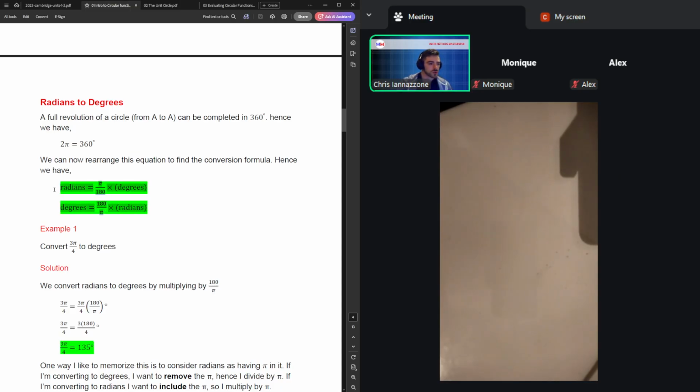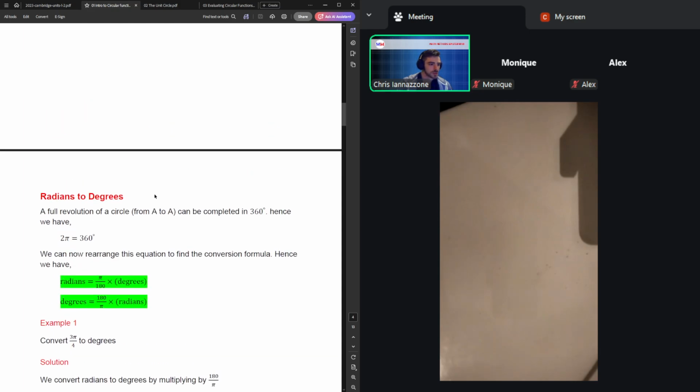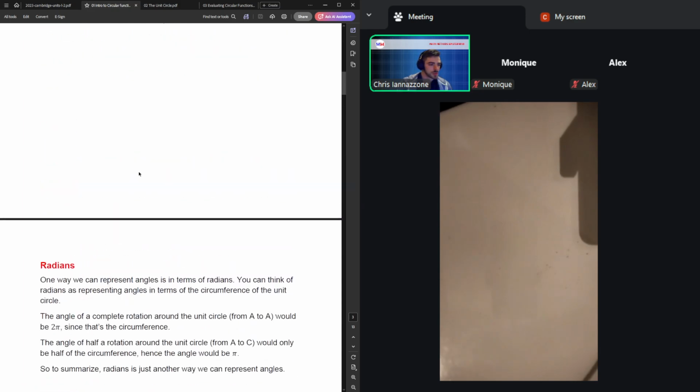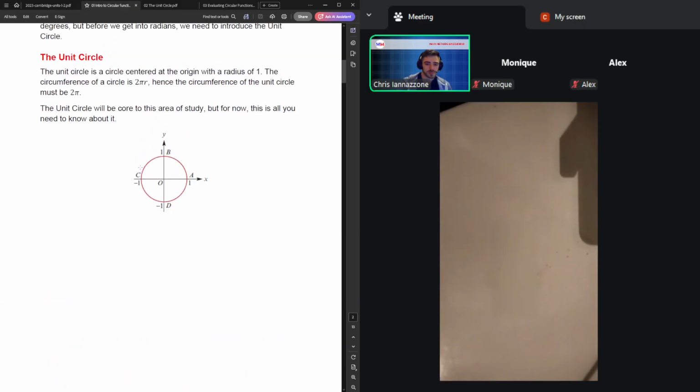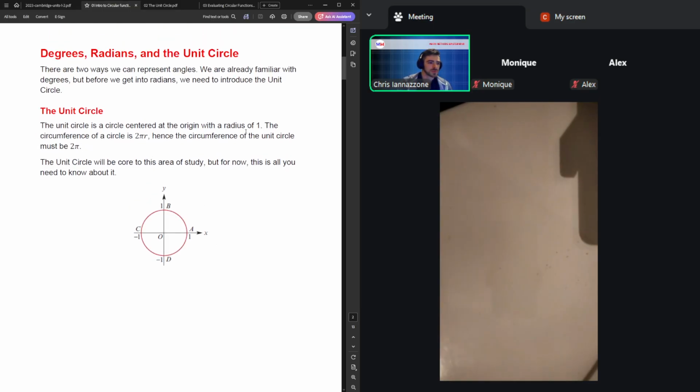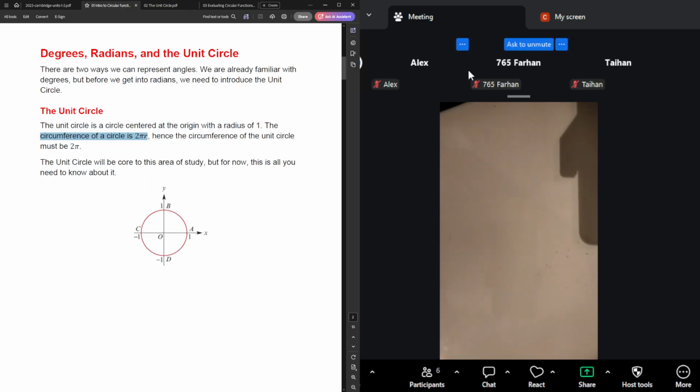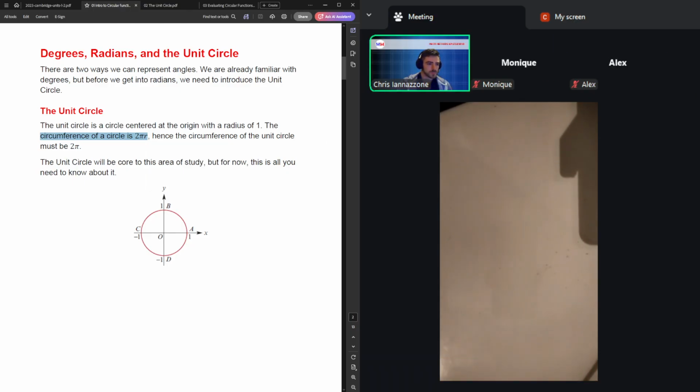So there's conversion formulas there for you to use, but to give you a more conceptual understanding of what's going on, what the hell is radians, well, if you think of the circumference of a circle as given by 2 pi r, then when you have a radius of 1, the circumference of that circle is 2 pi.